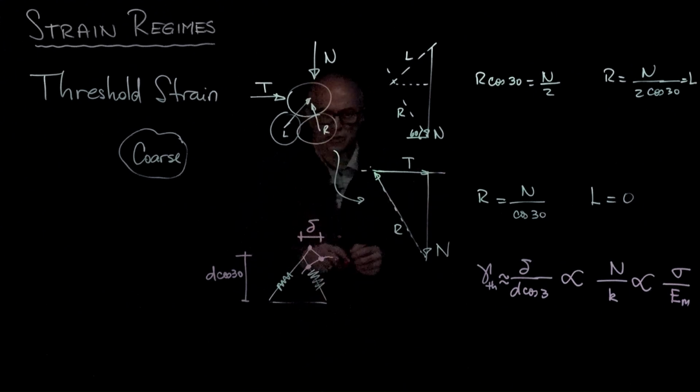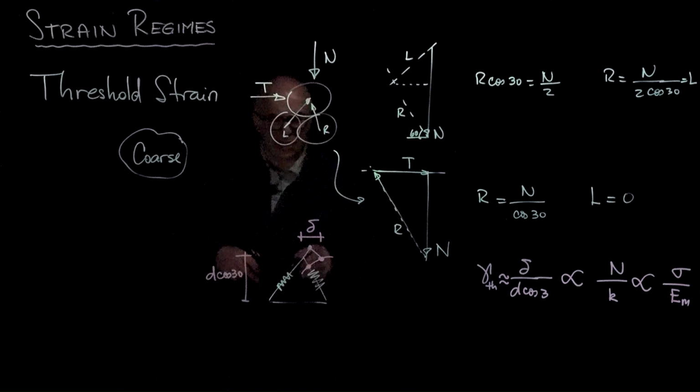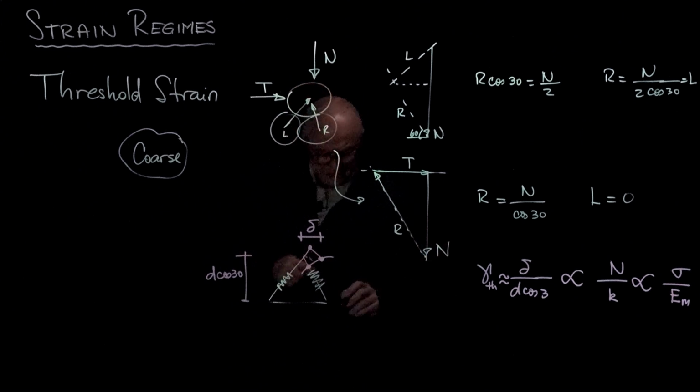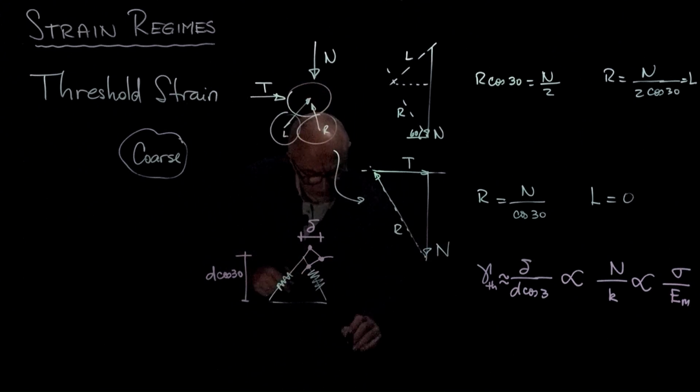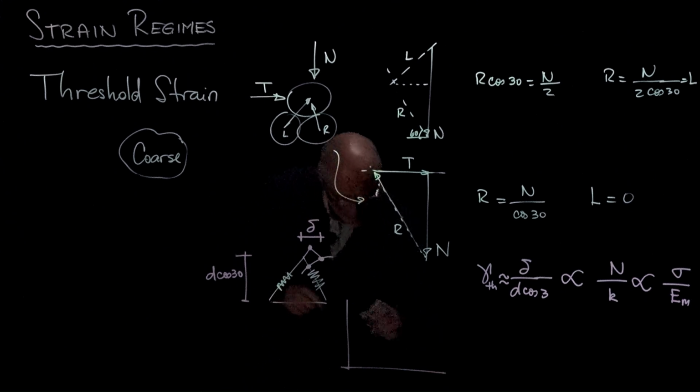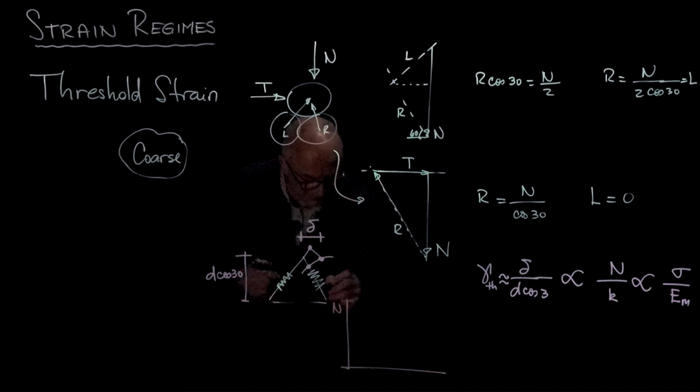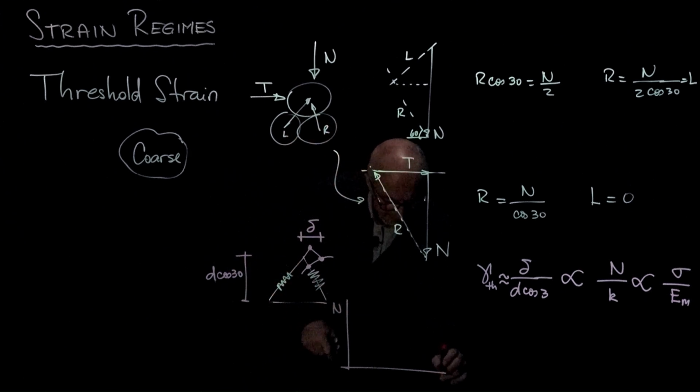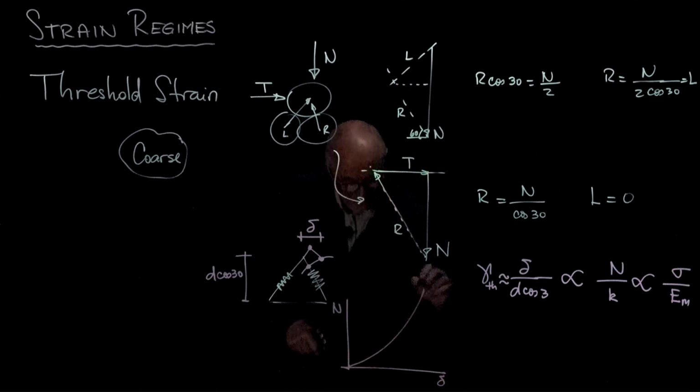The only thing I should add here is that the actual force deformation of these contacts is non-linear. It's not just a linear spring. It actually looks, because of Hertzian behavior, like the normal force of the equivalent spring with respect to the deformation is going to be something like that.